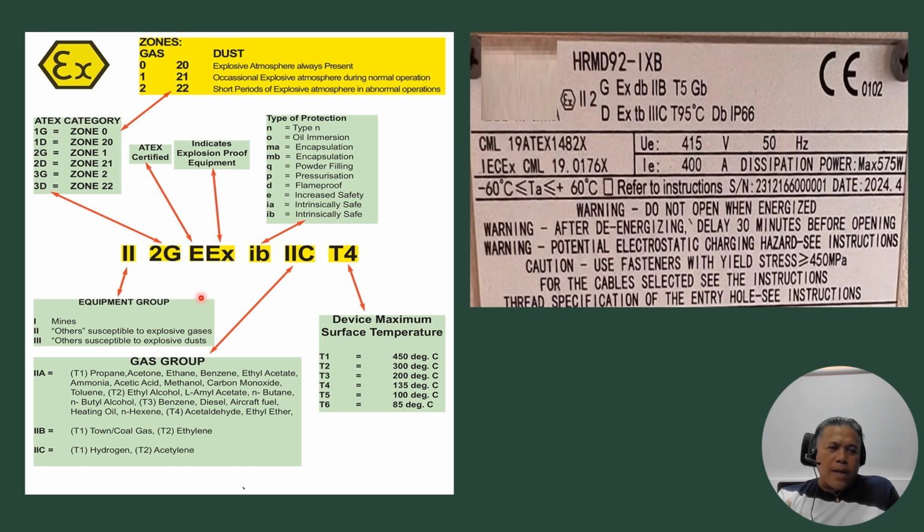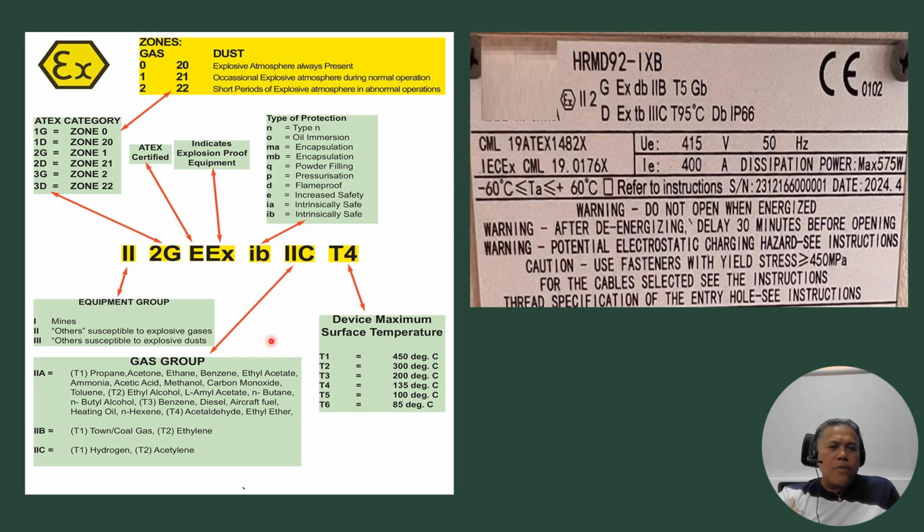Okay, and then sometimes you put 2G, this is the ATEX category by zone, and then this is our gas group 2B. And then sometimes you can see here T5, which is 100 degrees. So this is the example, guys.